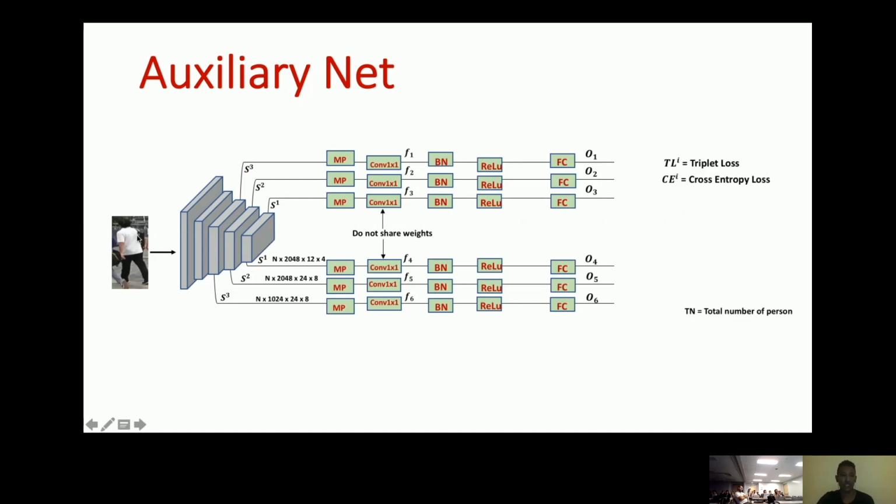You are given an image, you feed this image to this network and find 3 different features from multiple layers, and you pass these features to 2 streams, the upper stream and the lower stream, and apply this set of operations. After the ReLU operation, we compute the triplet loss. And after the fully connected layer, we apply a cross entropy loss. And finally, we take the average of these 2 losses to find the final loss.